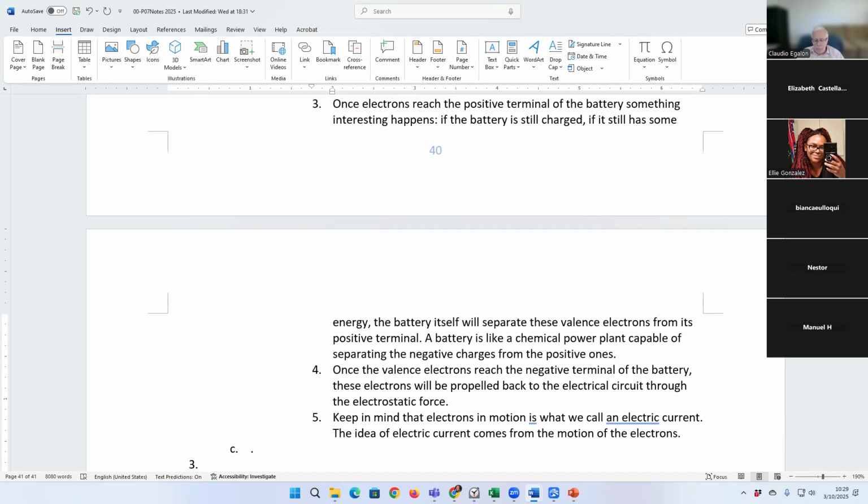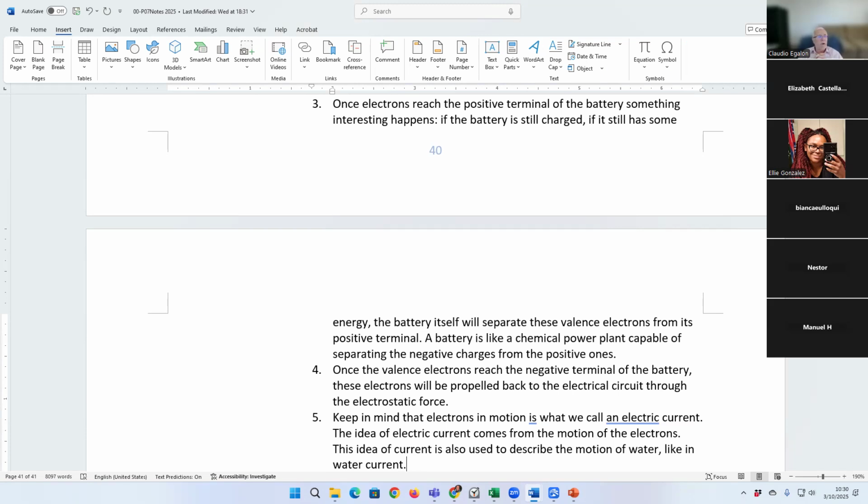And this idea of current is also used to describe the motion of water, right? Like in water current.